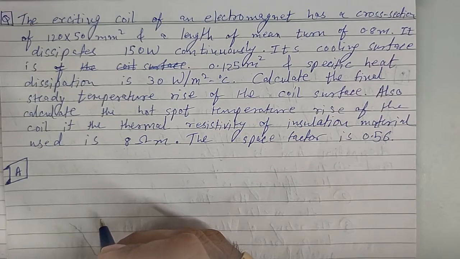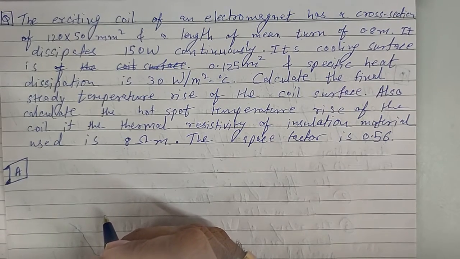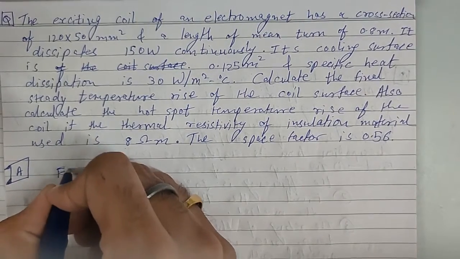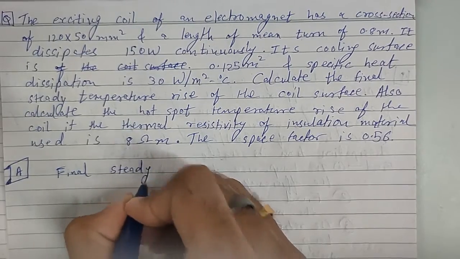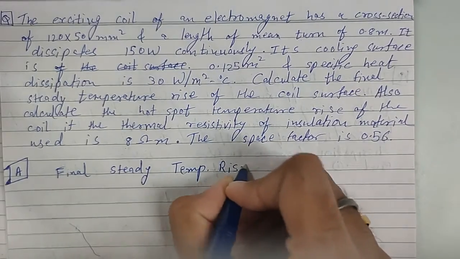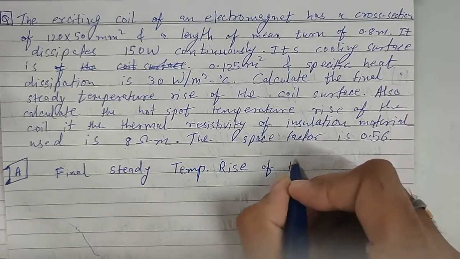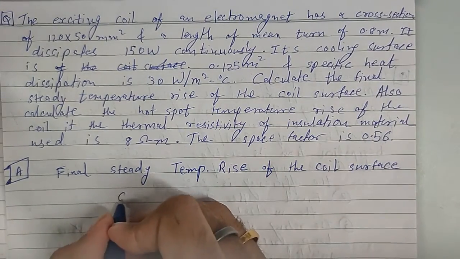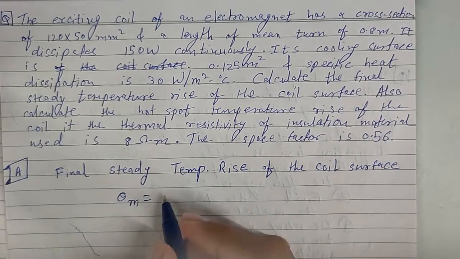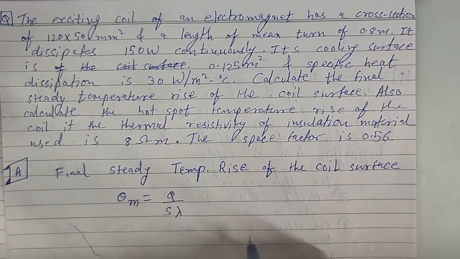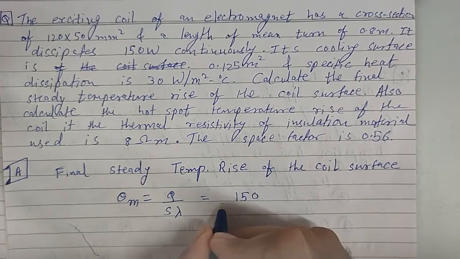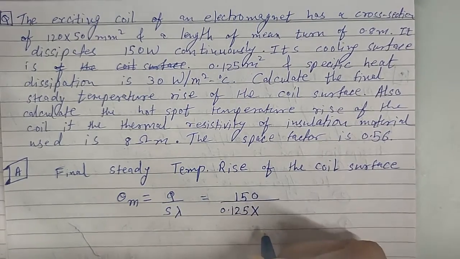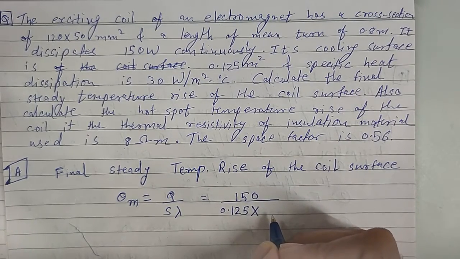So let us move to the solution of this problem. Now first, let us find out the final steady temperature rise of the coil surface, which is given by the formula theta m is equal to Q upon S lambda, where we know that Q is 150, the dissipating surface S is 0.125 meters square, and the emissivity is 30.